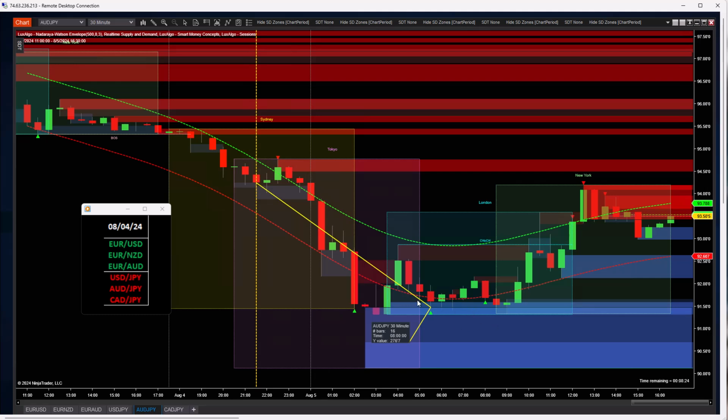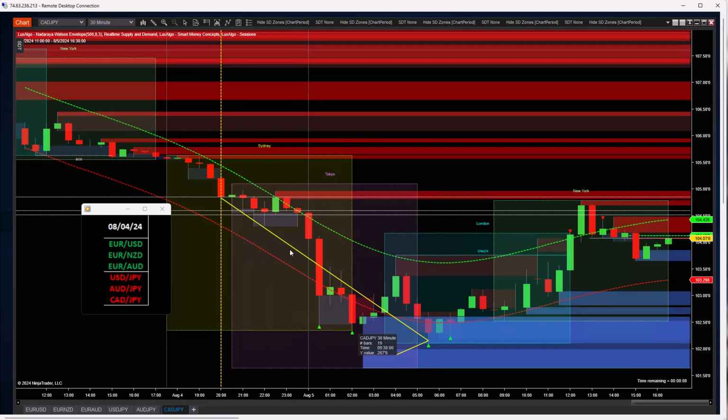So plenty of time to get out before the New York Open, where we finally saw a little bit of a reversal. Our goal is to follow currency trend moves in the overnight session and sometimes even into the daily New York session. And lastly, the Canadian dollar, Japanese yen, last short, another huge winner of almost 270 pips.